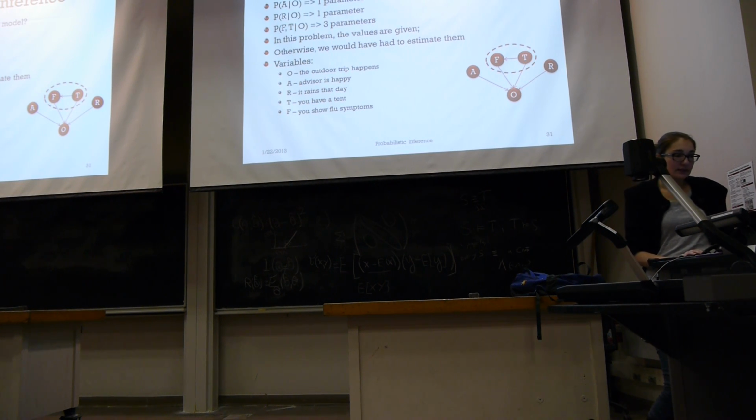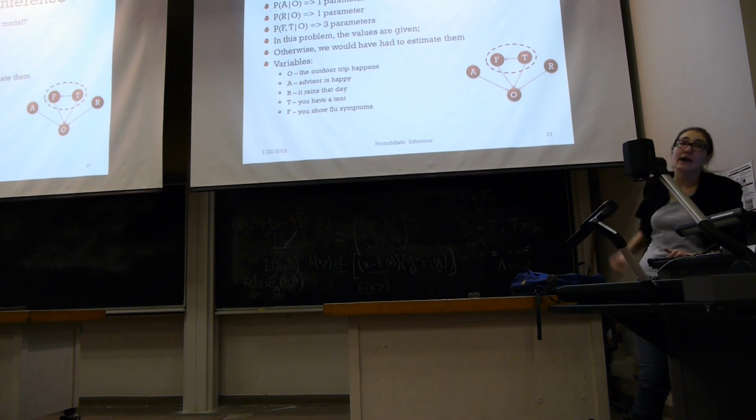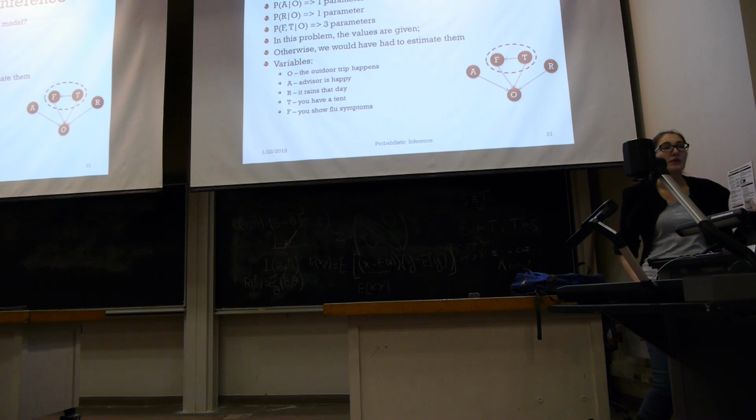So let's count how many parameters determine this model. There's one link between A and O. That is one parameter, A given O. Now, R given O is another parameter. And the conditional of F and T given O is a set of 3 parameters, because I'm going to have a table that has 4 elements, but I know that it needs to sum to 1.